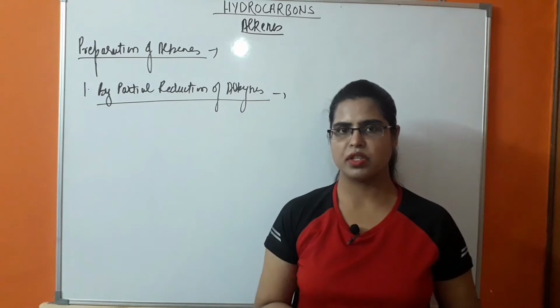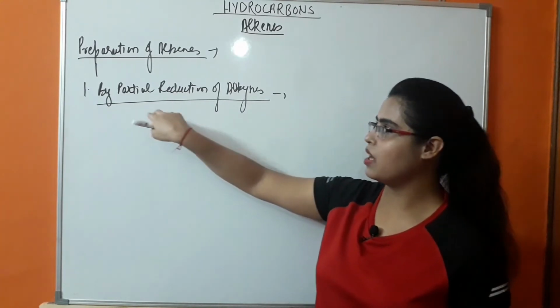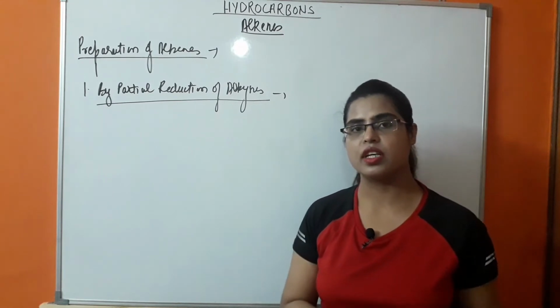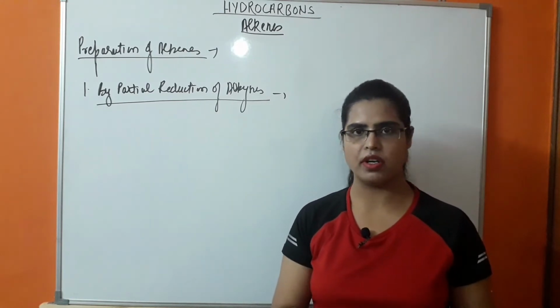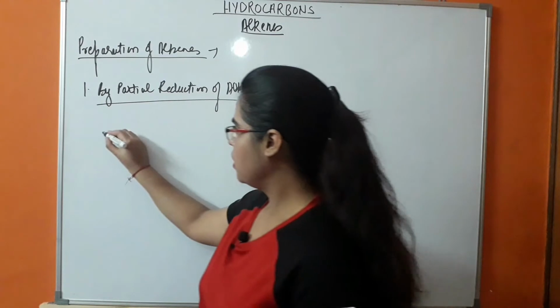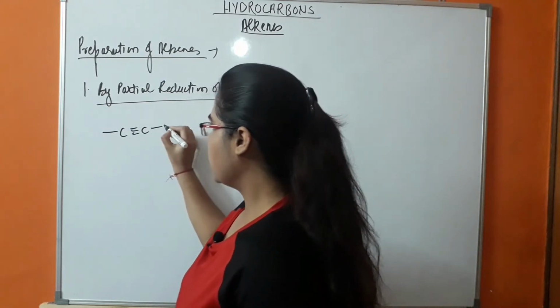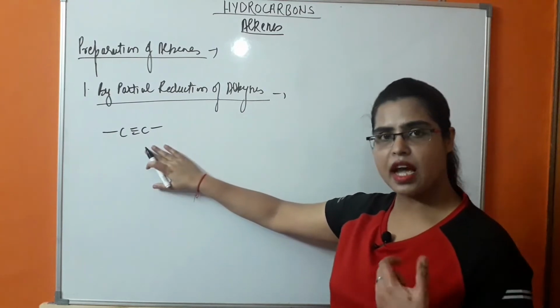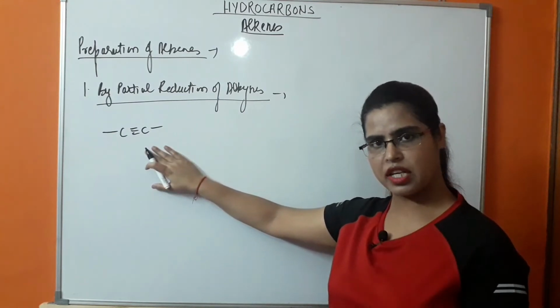So the first preparation method is by partial reduction of alkynes. What do you mean by alkynes? Those in which there is a triple bond. Okay? So what will happen? This is an example of an alkyne. In this case, we have to use a specific reagent.